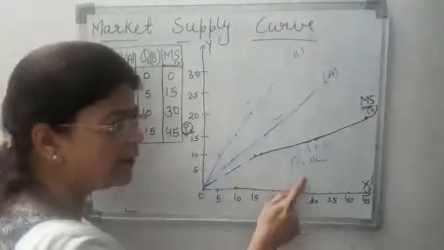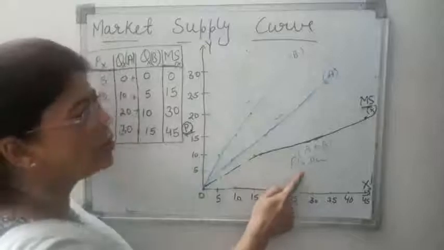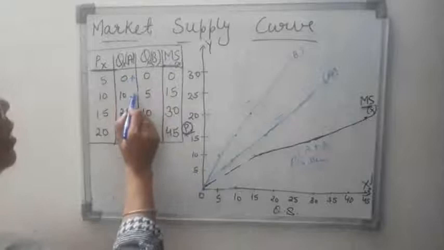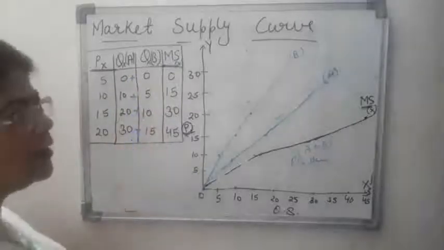Why is it flatter? It is flatter because market supply is the summation of individual supply curves.